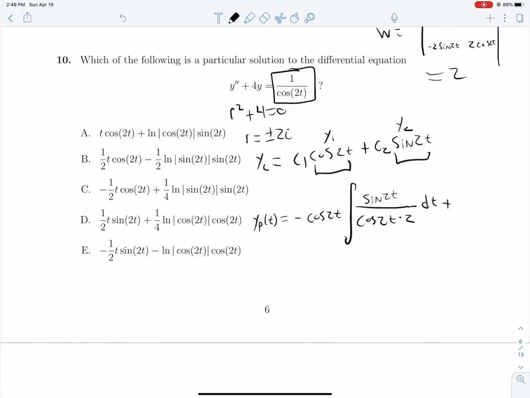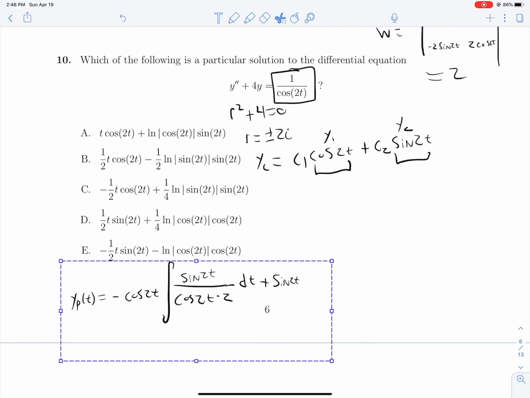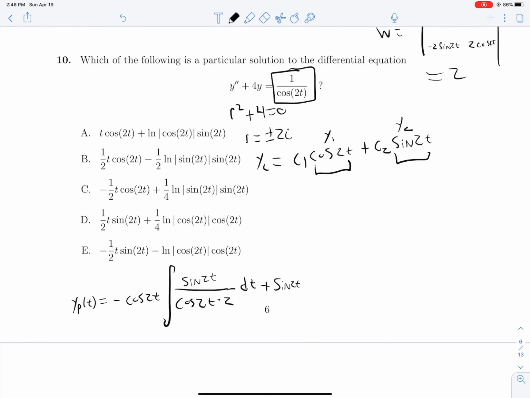Next we have plus y2 of t. That's sine 2t, and I'm not going to have enough space down here, so we'll move this over. Plus sine 2t times the integral of y1 of t, which is cosine 2t, over our Wronskian, which is just 2, and then we also have to multiply by f of t up top, but that's just 1 over cosine 2t dt.